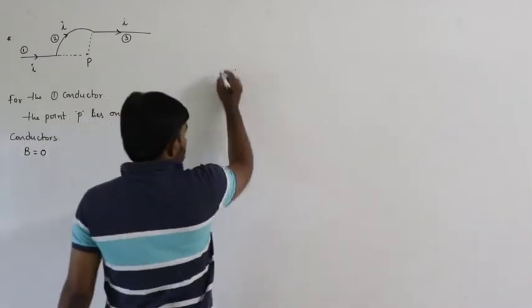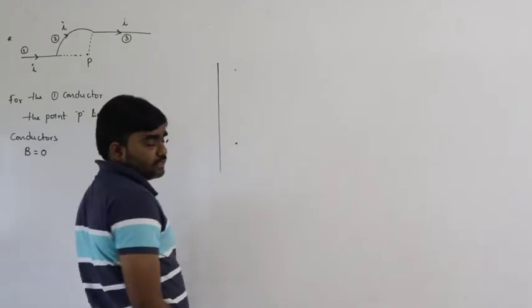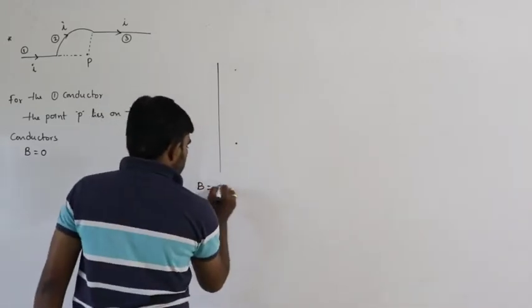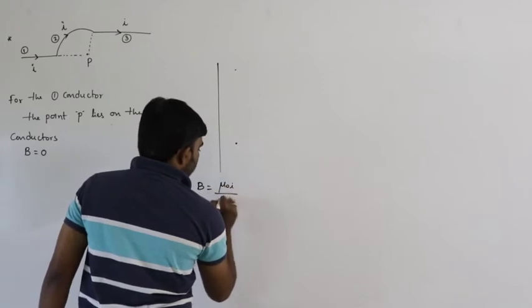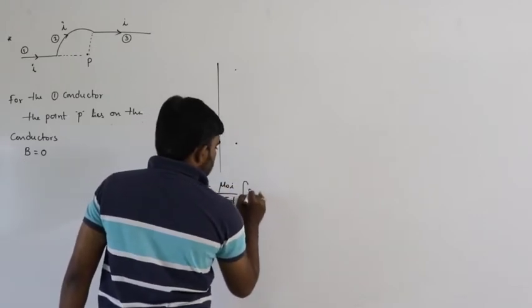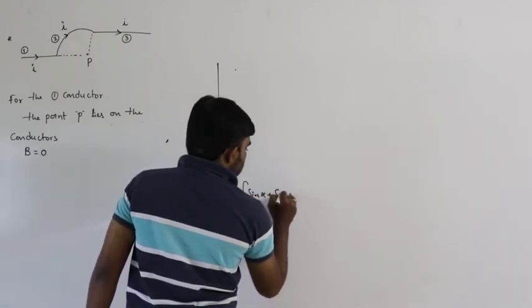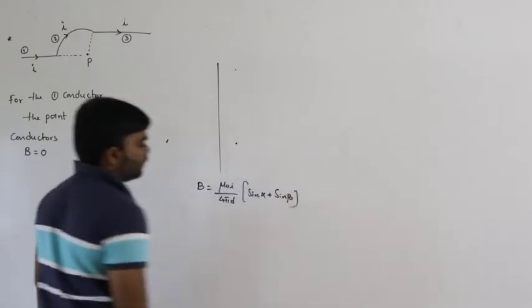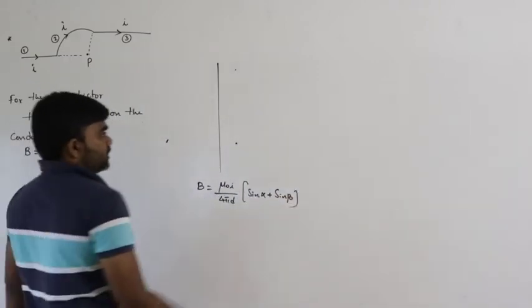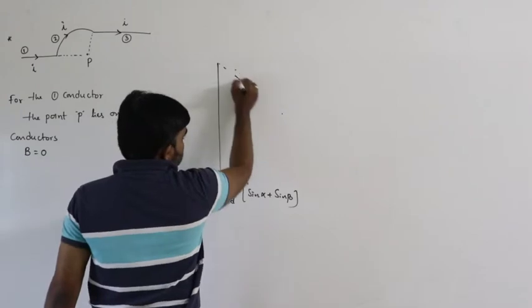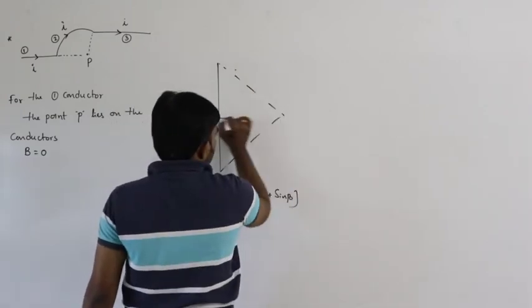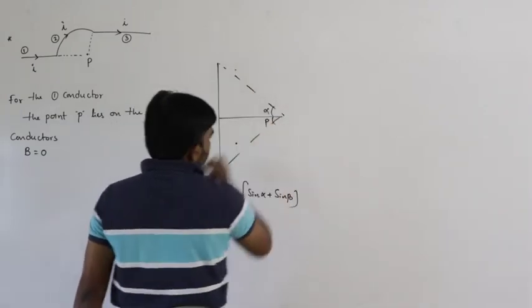According to Biot-Savart's law, we calculated that B is equals to mu naught I by 4 pi d into sin alpha plus sin beta. We calculated this formula already. So at a certain distance, let us say this one is alpha, this one is beta, whatever it is.